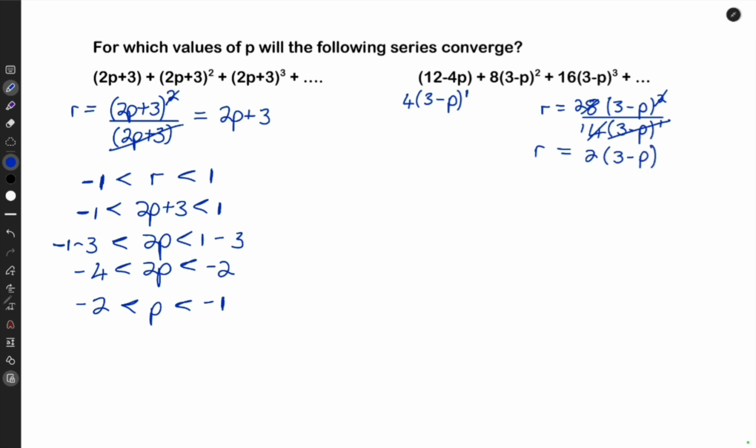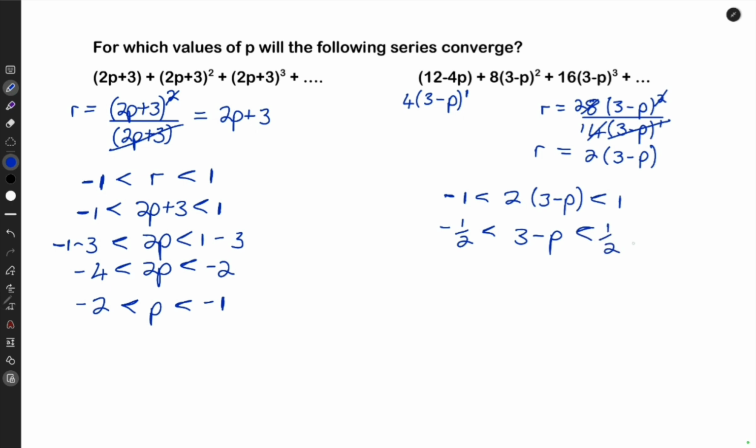Okay, now they're asking me when will this converge. I'm going to sub it into this small formula that we used, and I'm going to say it will converge if my R value, 2(3 minus P), lies between -1 and 1. So first step, I'm going to divide by 2, so this is minus a half, (3 minus P), and then positive a half.